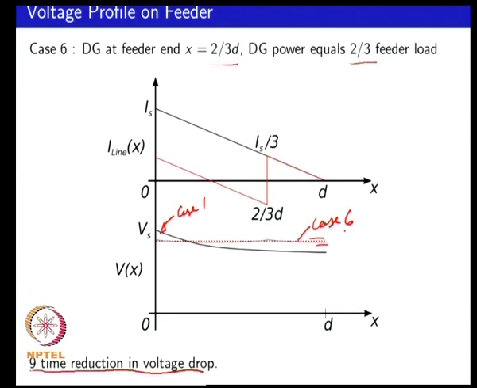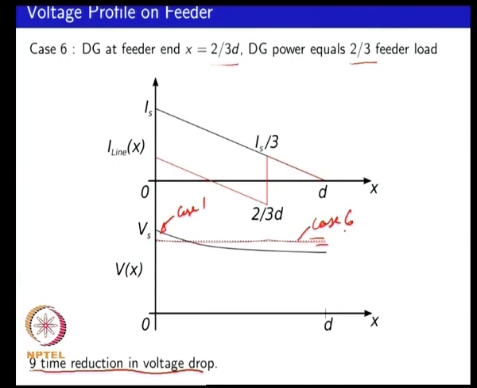Okay. But again, keep in mind that this is a static analysis. The actual load on the feeder would be changing depending on the time of the day, and siting a DG at a particular point will not be feasible in all situations. We have made assumptions on the loading, etc., but you can get a feel for what is the possibility in terms of improvements and what are the situations where you have concerns.